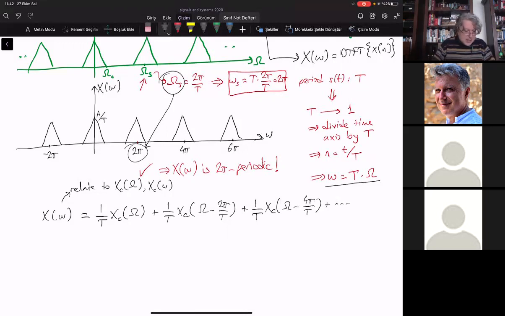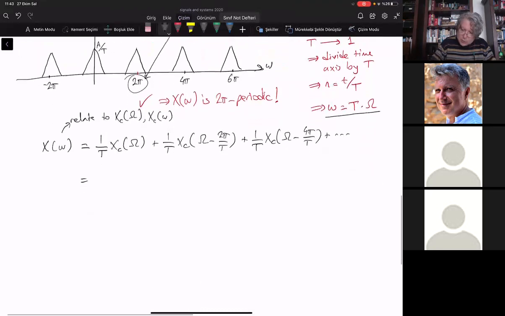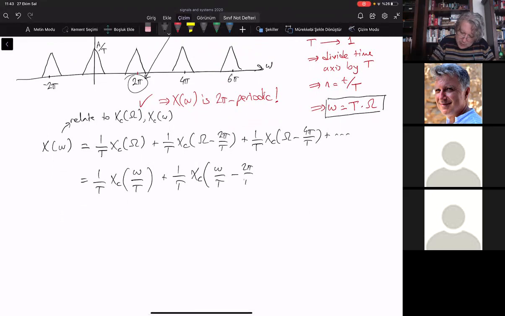So I can first write it like this, then I can convert everything to lowercase omega by saying that lowercase omega is capital T times uppercase omega, or uppercase omega is lowercase omega divided by capital T. And that's what I'm going to write. 1 over capital T xc of omega over capital T plus 1 over capital T of xc of omega over capital T minus 2 pi over capital T plus 1 over T xc of omega over capital T minus 4 pi over capital T plus etc., which can be combined into a summation form like this.